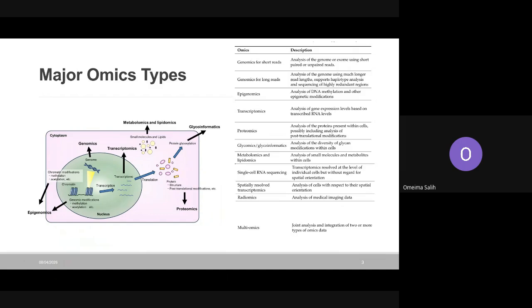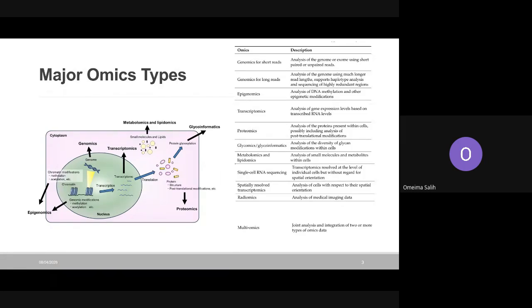When we say short reads, that means we are analyzing the genome or exome, that is the study of the exons, using paired or unpaired reads. And this type of study started the study of the single variants within the genome.